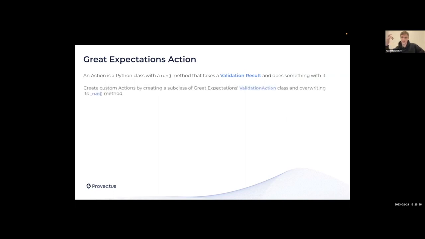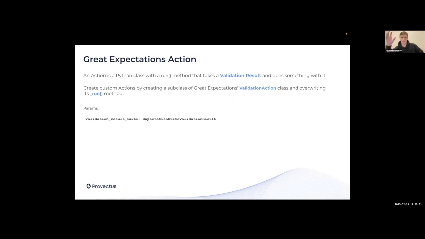And what is a custom action? It is just a plain Python class derived from ValidationAction with an overridden run method. And now let's take a little bit of a look at the params which that run method has, and what kind of information we can extract from those params and map to our own structure.